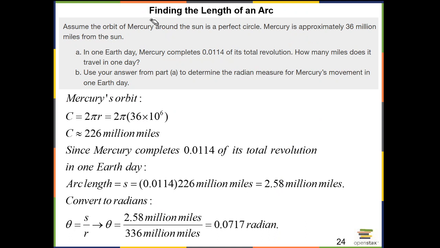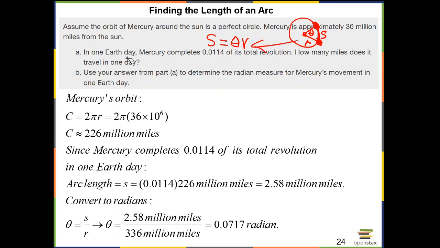All right, finding the length of an arc. Well, we know the formula to find the length of an arc is theta times r, right? So if we have a circle and we want to find that part of it, let's say from here to here, that's S, and we have r and we have theta, that's the formula.